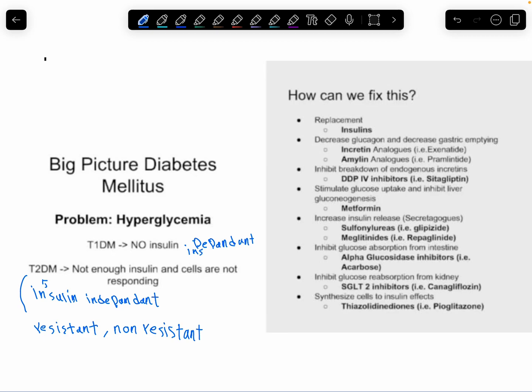The beta cells or islets of Langerhans are producing insulin, but the amount of the carbohydrates or the food that is going in is much greater.